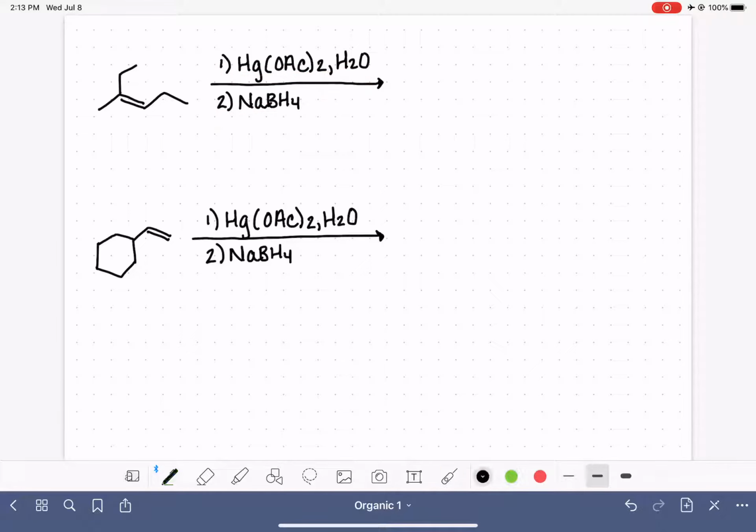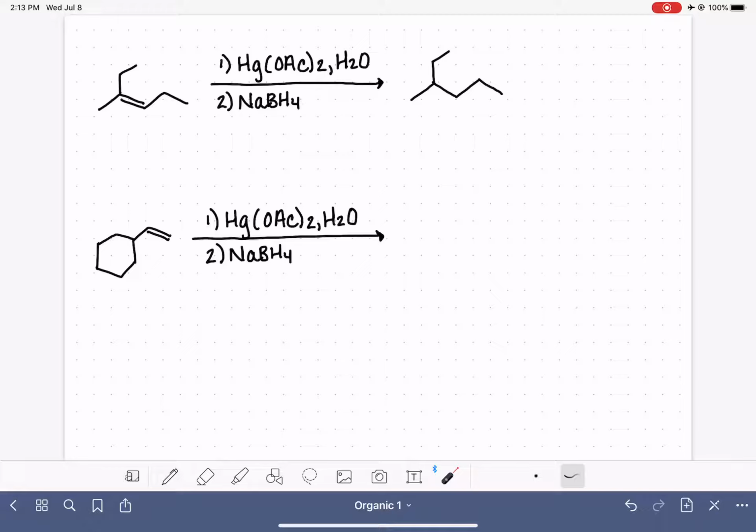Let's predict the products of this reaction. First of all, we know that there will be no rearrangement, which means that our carbon skeleton is unchanged. We know that we are working on these 2 carbons right here. One of them will be getting a hydrogen and the other will be getting an OH coming from this water molecule.